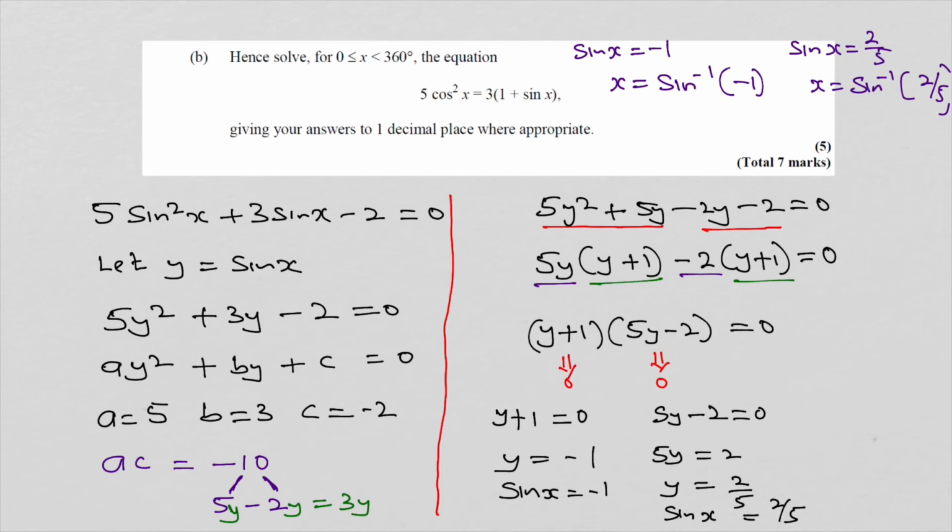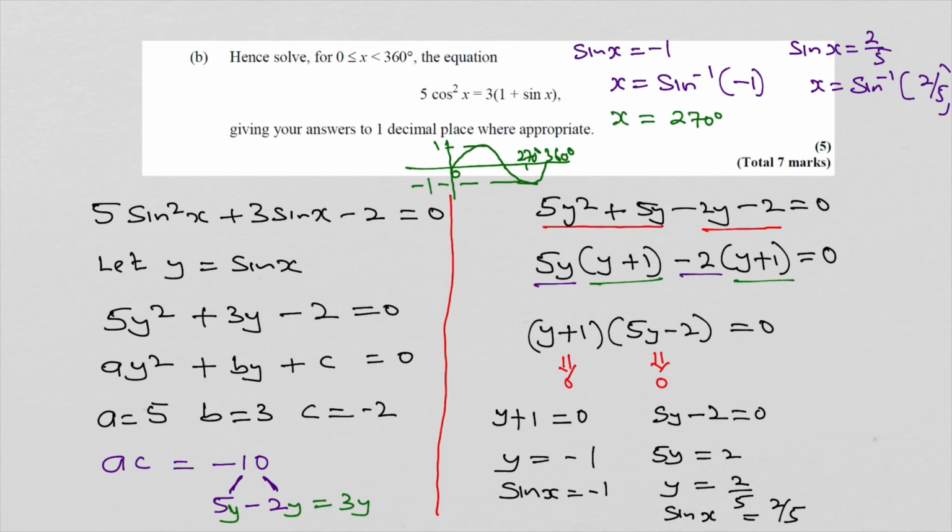If we sketch the curve of sine, we know what that looks like. Start from 0, up to 1, back to 0, to minus 1, back to 0, between 0 and 360 degrees. So that is 1, and that is minus 1. So this is 270 degrees. That's when sine is minus 1. So the value for x here is going to be 270 degrees.